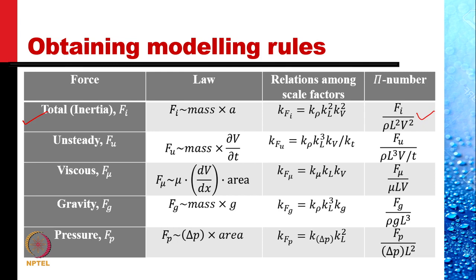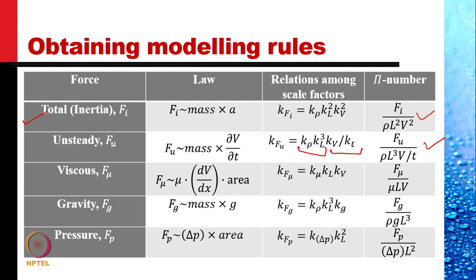The scale factor for unsteady forces is obtained from the law that unsteady forces is mass times the unsteady acceleration, del V by del T. For mass, we use K rho into KL cubed. Del V by del T is KV by KT. And so the resultant pi number is this.